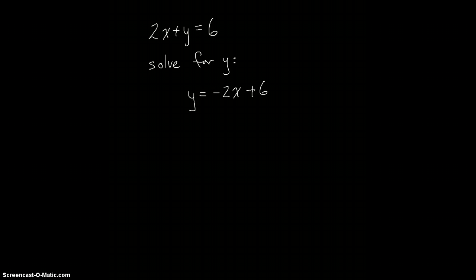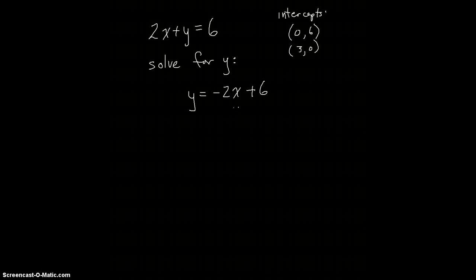Now let's recall we had intercepts of x was 0, y was 6, x was 3, and y was 0.